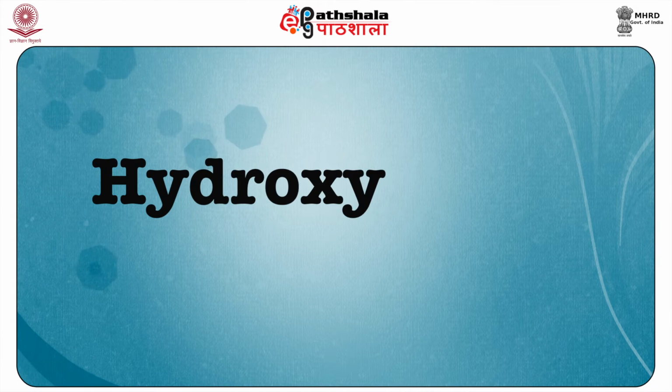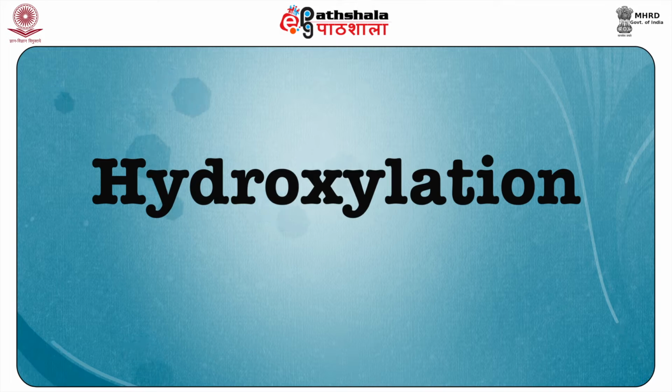Now, similarly, hydroxylation. When we do oxidation of tropolones with alkaline persulfate, it yields a mixture of 3 and 5 hydroxy derivatives. That means the introduction of monohydroxy groups in which the 5 product is predominant.